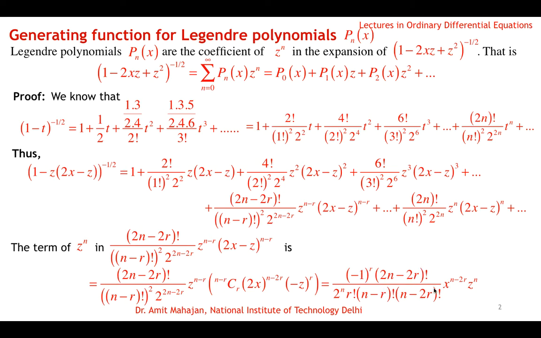With r value 0 it will be for this term, with r value 1 it will be one previous term, and so on. So in general the terms of z power n in this whole expansion will be when this r varies from 0, 1, 2, 3 and so on up to, say, capital N, where capital N is n by 2 or n minus 1 by 2, depending upon whether n is even or odd.